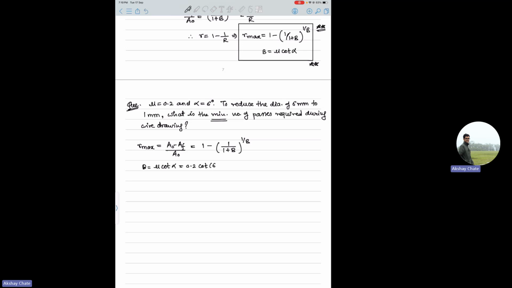So cot of 6 degrees, not Celsius, degrees. If you do that, let me just check trigonometry.